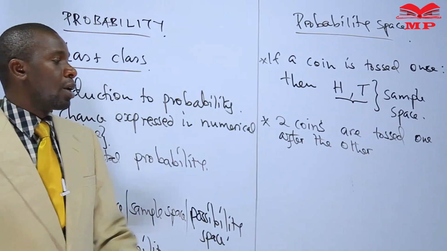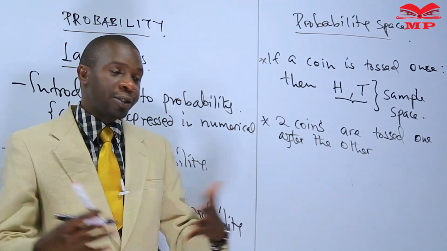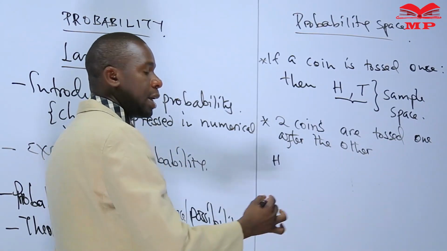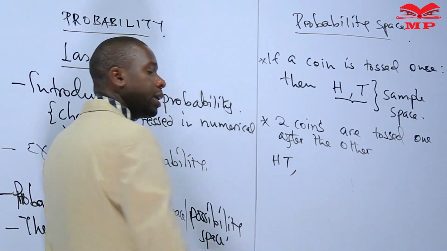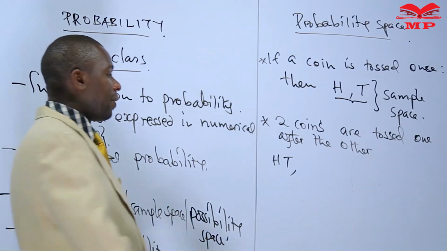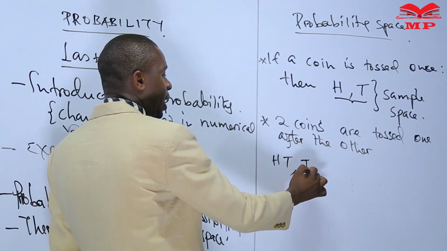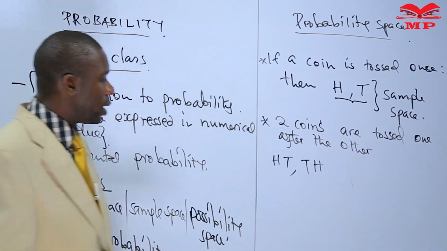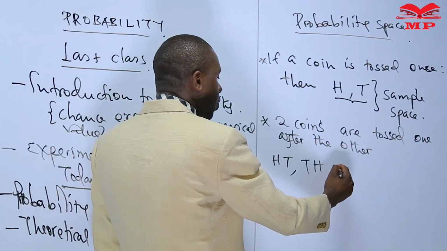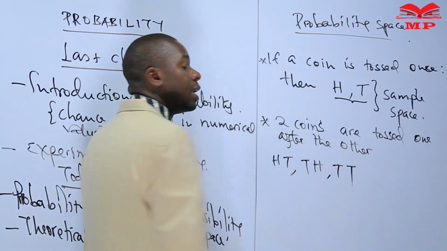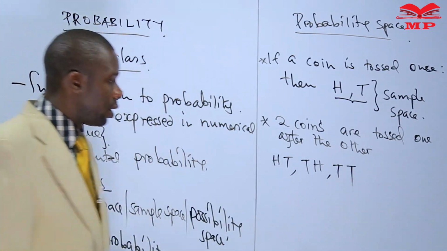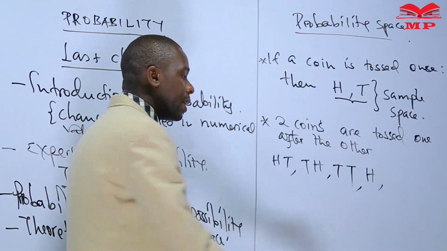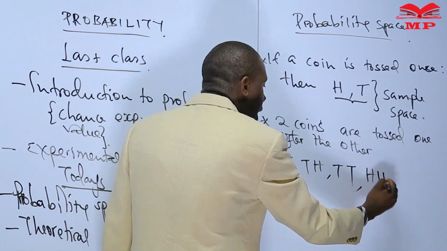So when two coins are tossed one after the other, what you expect is that the first coin can give you a head and the second coin gives you a tail, or the first coin can give you a tail and the second coin gives you a head, or the first coin can give you a tail and the second coin still gives you a tail, or the first coin can give you a head and the second coin also gives you a head.